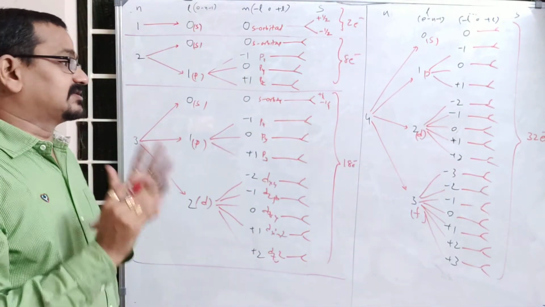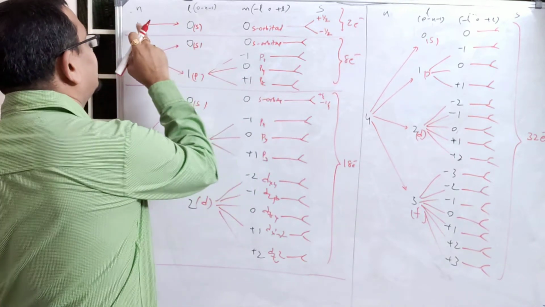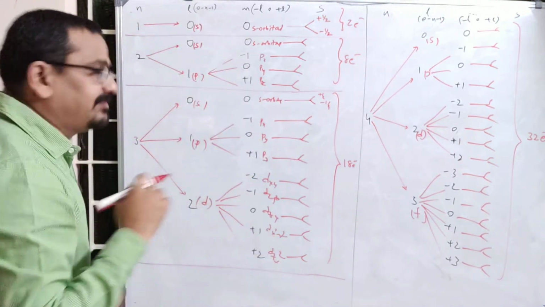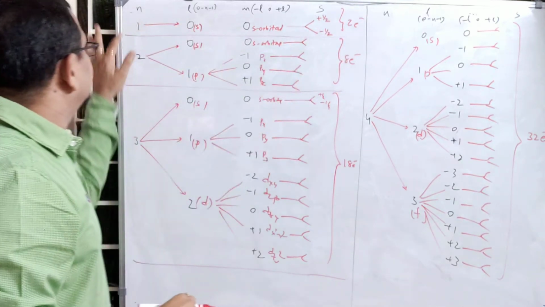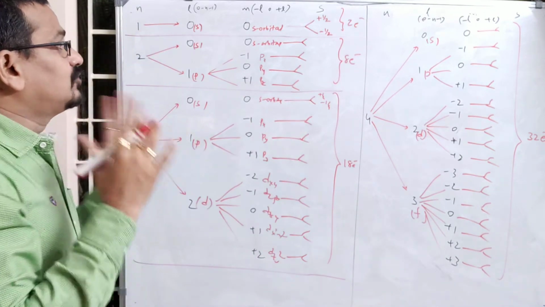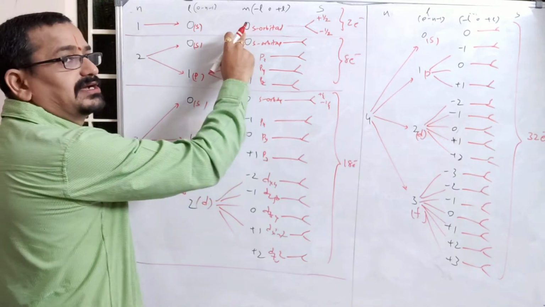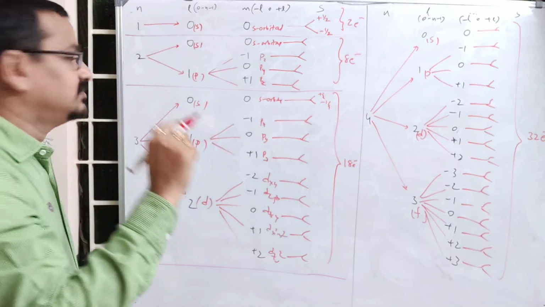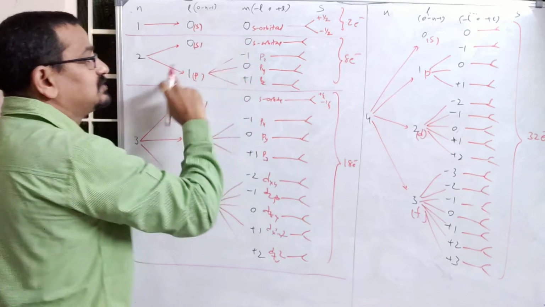Thus, the number of electrons that can be filled in a given main energy level can also be counted. See, for n equals 1, 2 electrons. For n equals 2, 8 electrons. One notation we can generate: under the first main energy level, how many orbitals are possible? 1. Under the second main energy level, 4 orbitals are possible, meaning 2 square.